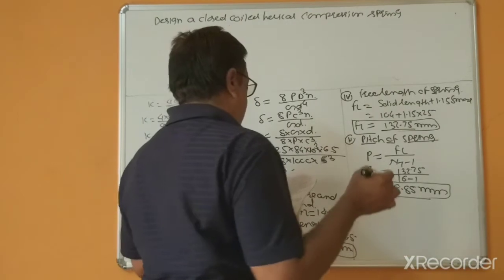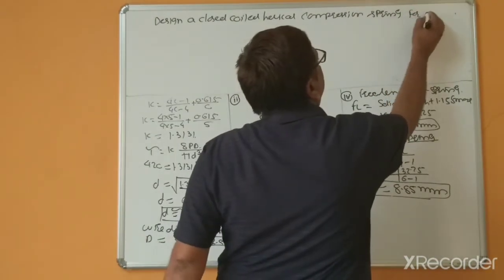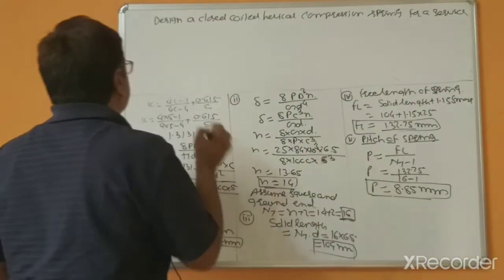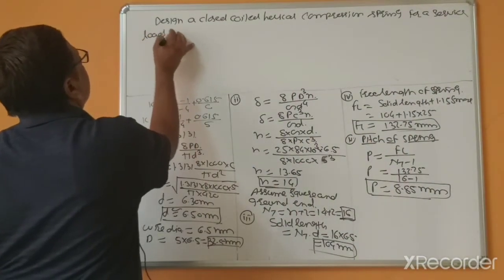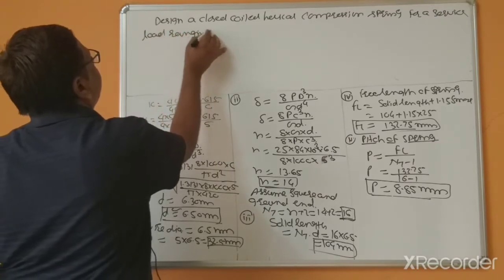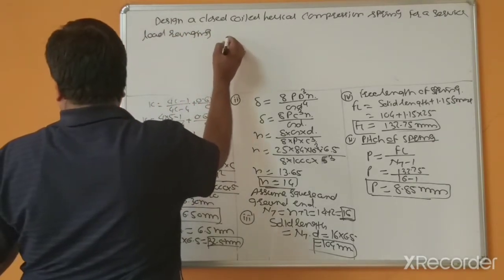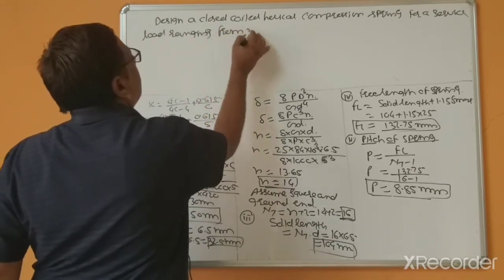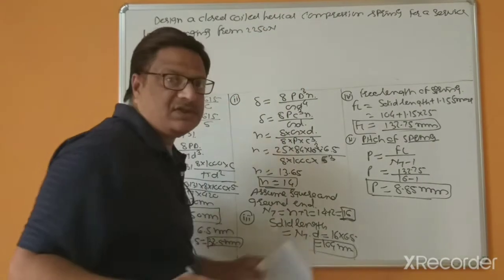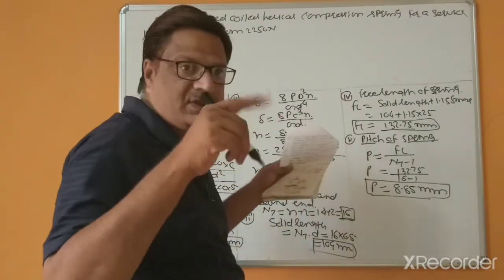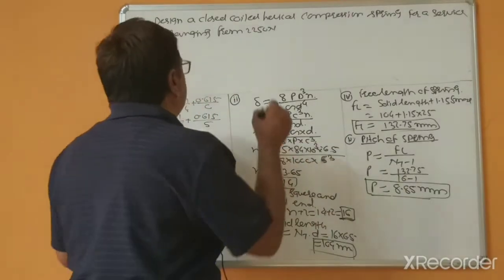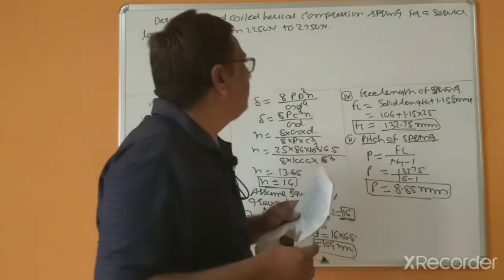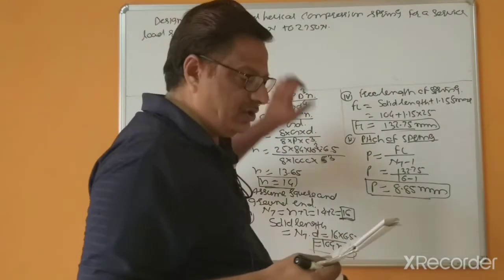Spring for a service load ranging from 2250 newtons, so this is the minimum load, to 2750 newtons. That much is the maximum, and this much may be the preload.